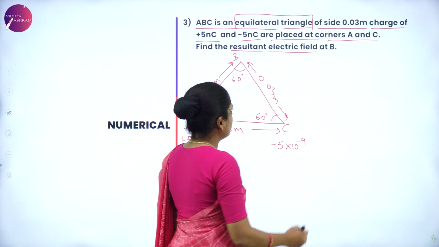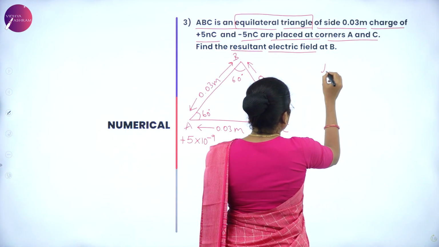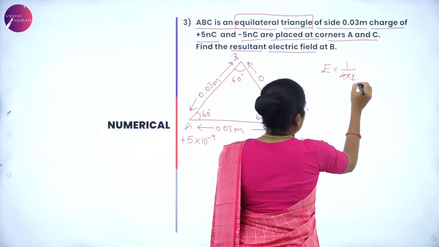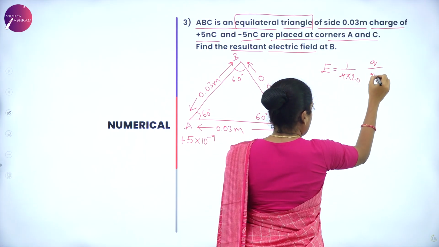So you know the formula to find the electric field? The formula is E equals 1 by 4 pi epsilon naught times Q by R square.